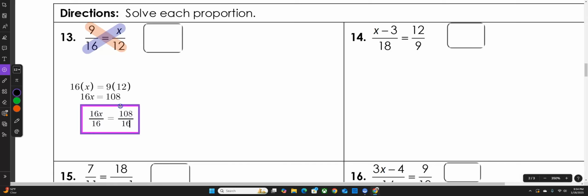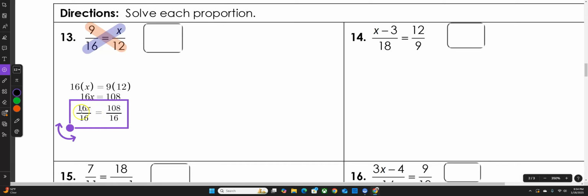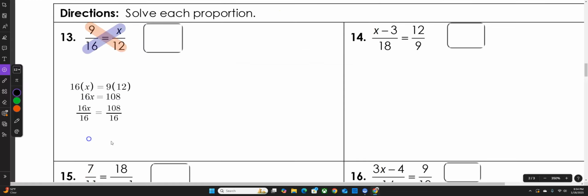You'll notice this is still looking like ratios, so we have very similar rate. It's keeping things the same on both sides. It's proportional. 108 divided by 16 is 6.75. And yes, sometimes our answers are decimals. So x is equal to 6.75.